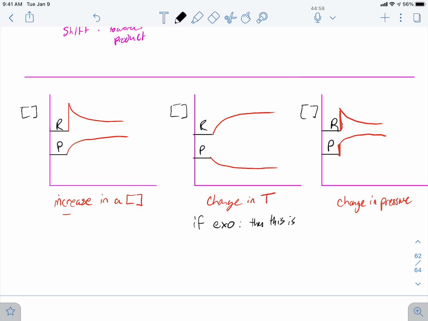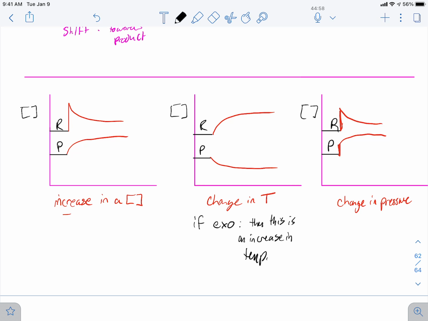So the energy is on the product side. So that means that this must be a decrease in temperature. No, an increase in temperature because we are producing extra reactant. So then this is an increase in temperature.